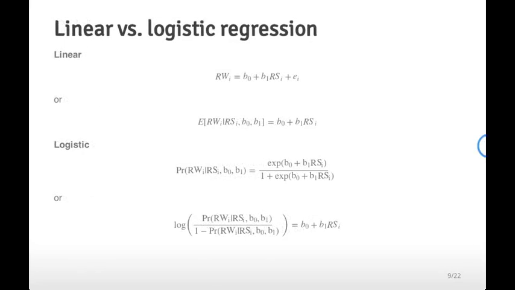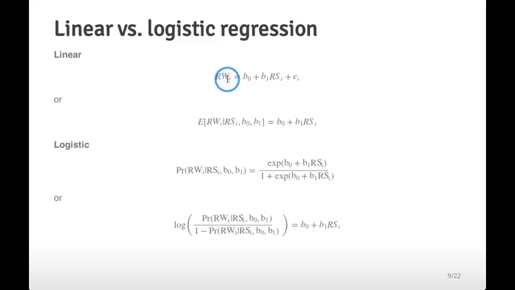So the difference between linear and logistic regression is basically just changing what we're going to be looking at for the outcome. In a linear regression, we wrote down this model where Ravens win was equal to B0 plus B1 times the Ravens score plus a term that captured all the unexplained variation.